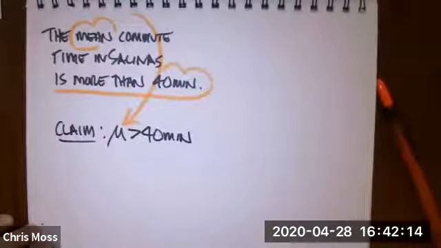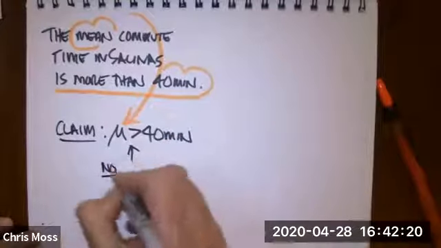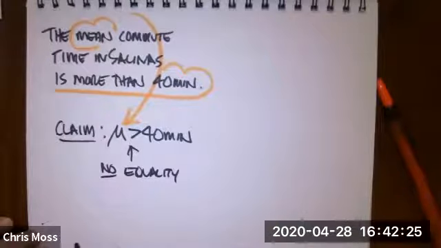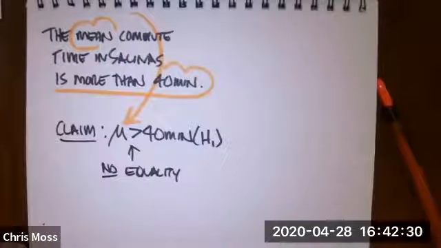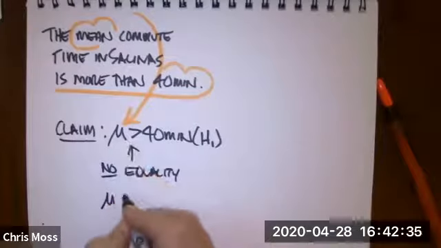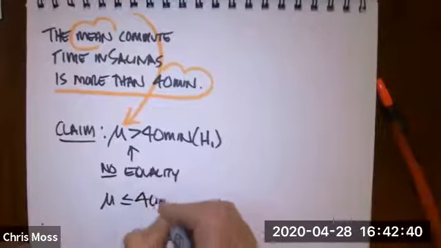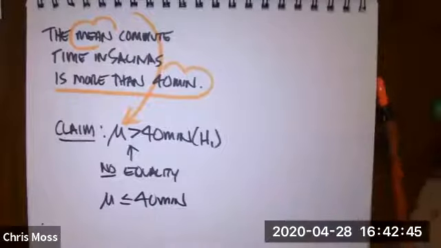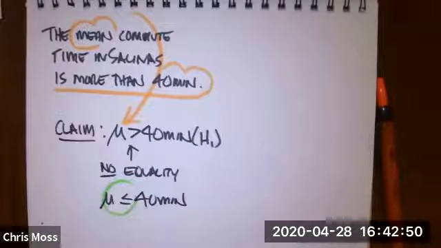And I will note that within that claim, there is no claim of equality. So I would assume then that this has got to be the alternative hypothesis. Now, the flip side of being greater than a value is to be less than or equal to the value. That is the flip side. And I'll note that this particular statement contains equality.